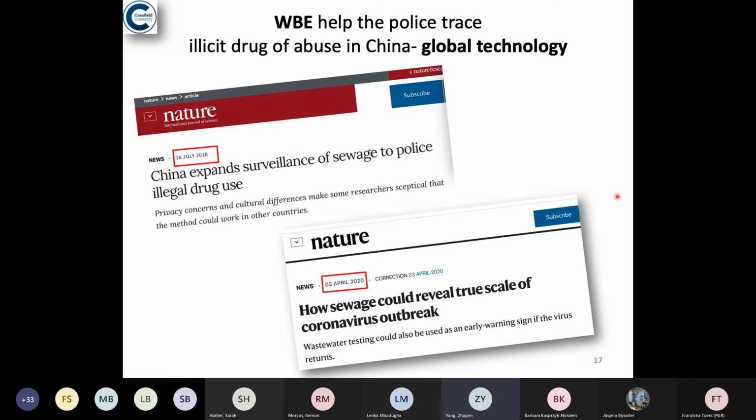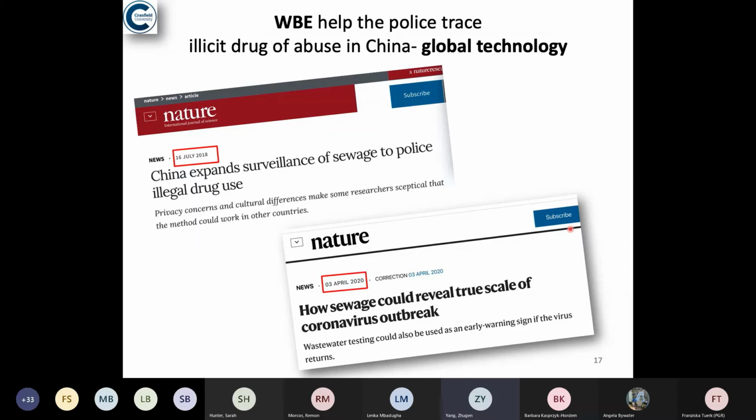Here is some of the impact of wastewater-based epidemiology. It is fast emerging as a global technology, in particular to test sewage for SARS-CoV-2. Just two years ago, it was highlighted in Nature News because this method has been deployed in China to fight illegal drug crimes and help the police successfully seize some criminals.